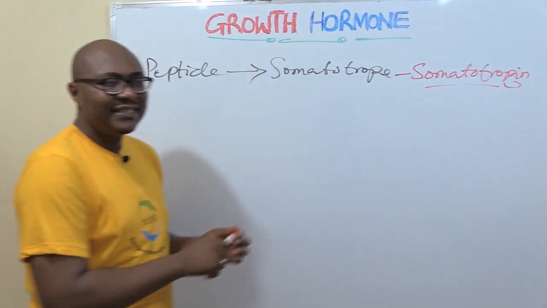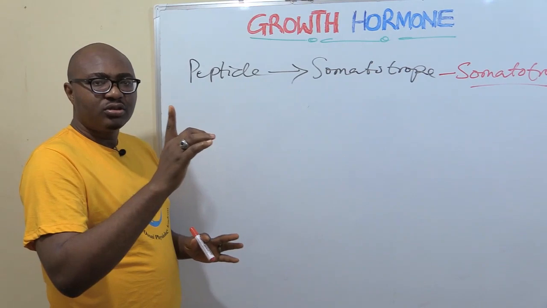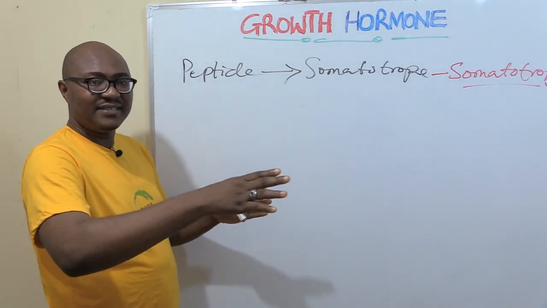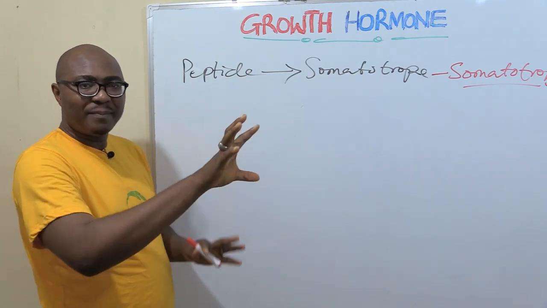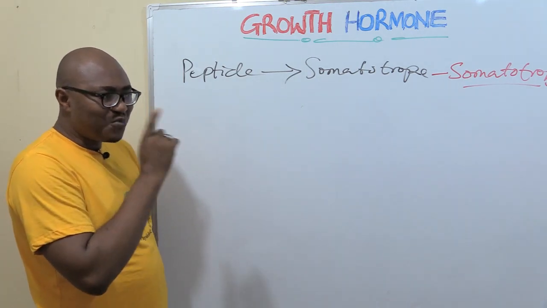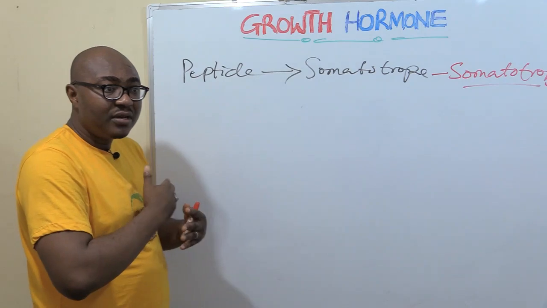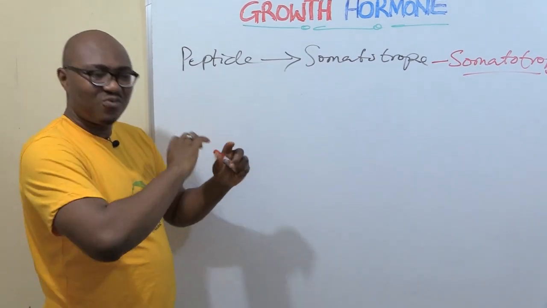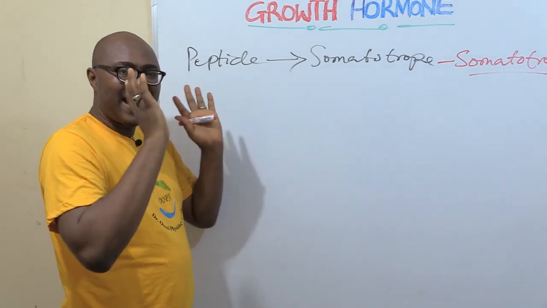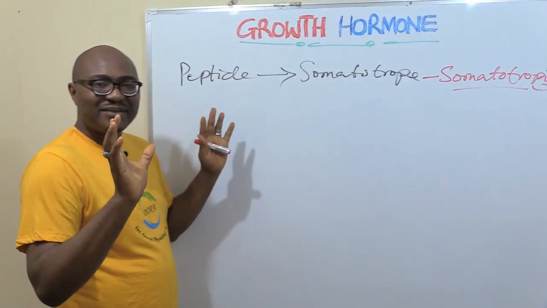Now, growth hormone has been released, secreted. It's water soluble, so the next thing is that it goes to bind to its receptor, which, because it's water soluble, is located at the plasma membrane. Water soluble hormones have their receptors at the plasma membrane.